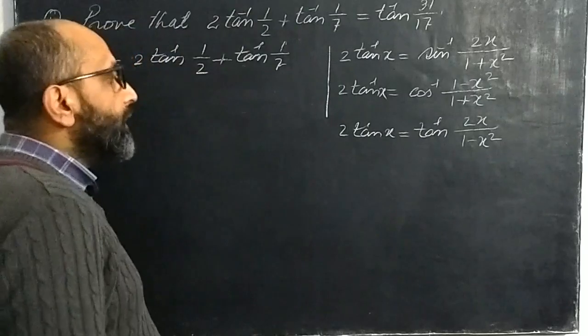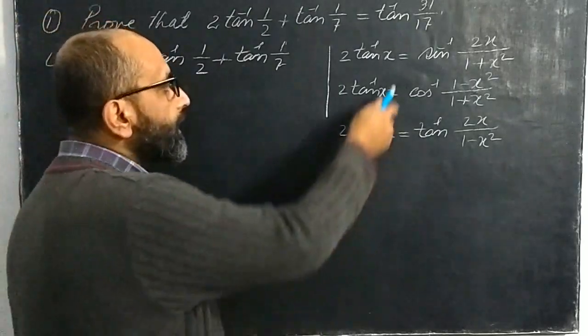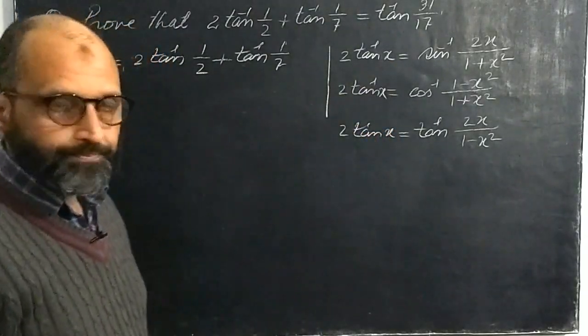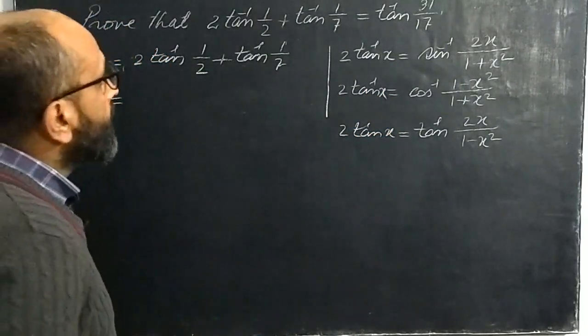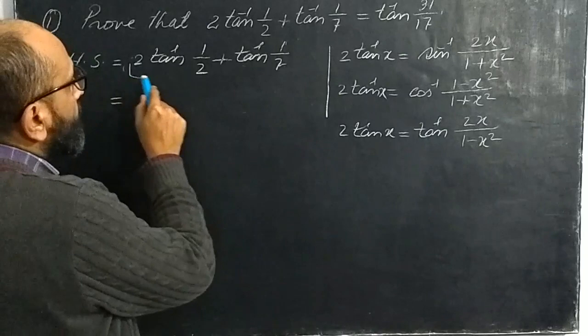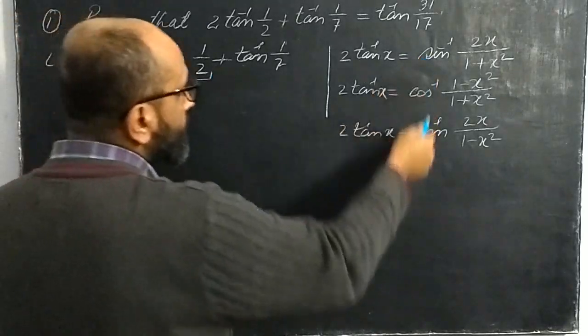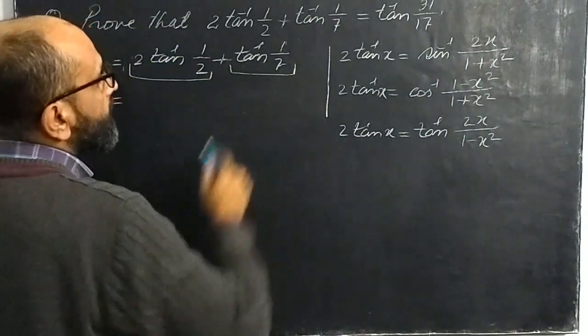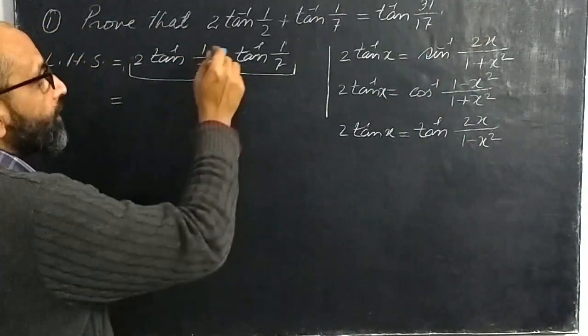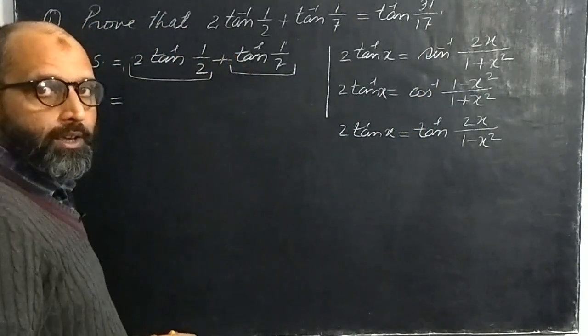Now the question is, which of these three identities we have to use? So the trick is, we have to see the other trigonometric expressions whose coefficient is already unity.